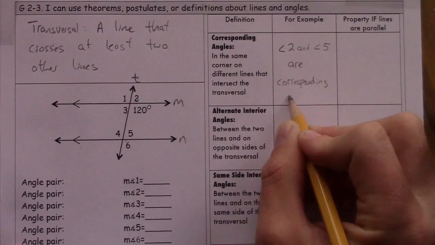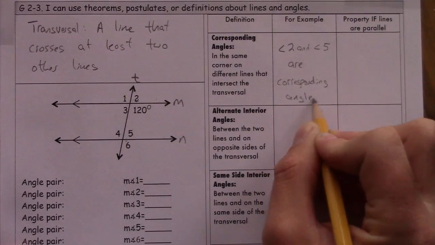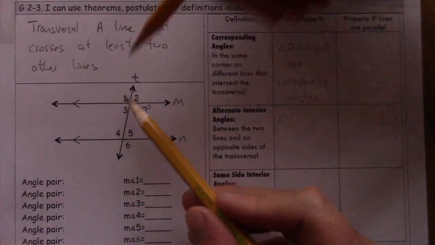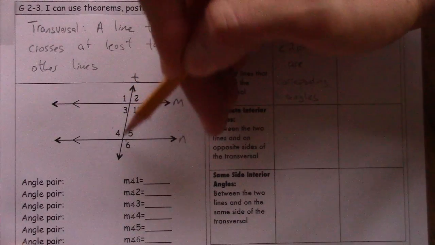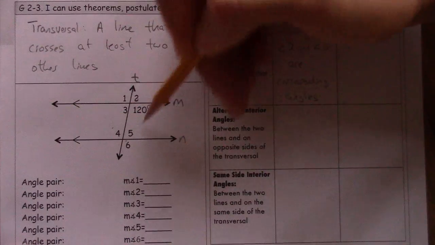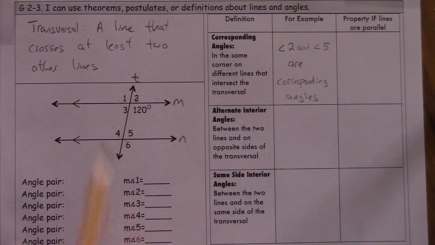To be clear, there's a whole other list of them that are corresponding. 1 and 4 because they're top left, 3 and 7 because bottom left, and 6 and 8 bottom right. So there's a bunch of pairs, and this is just one example.